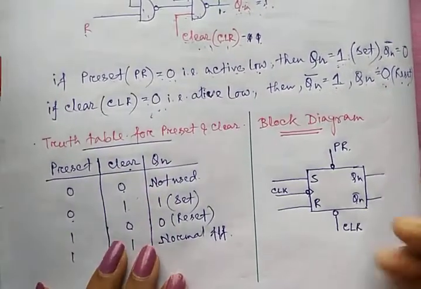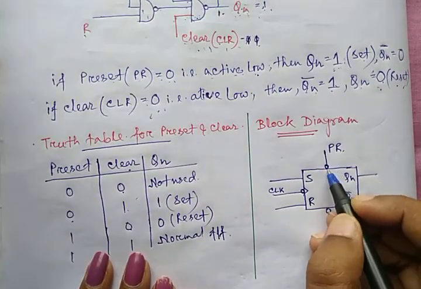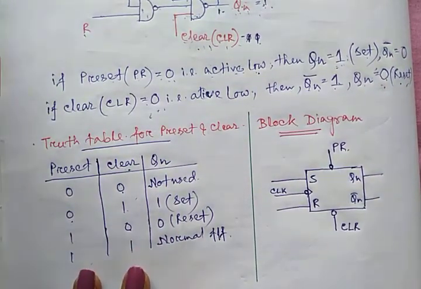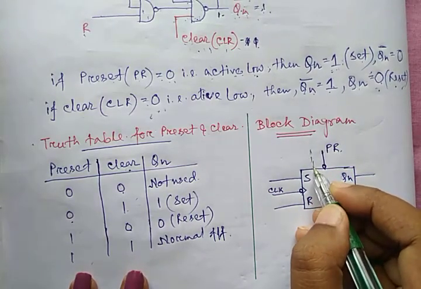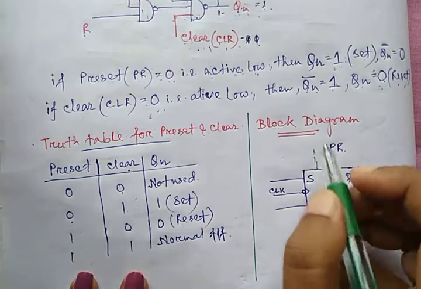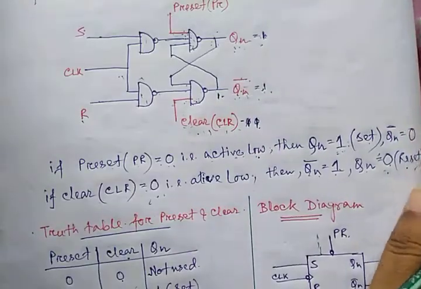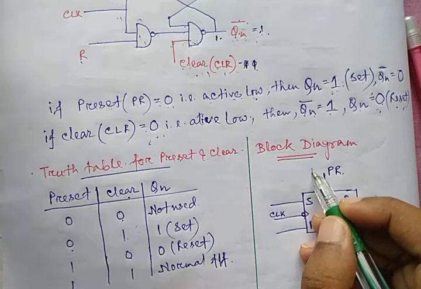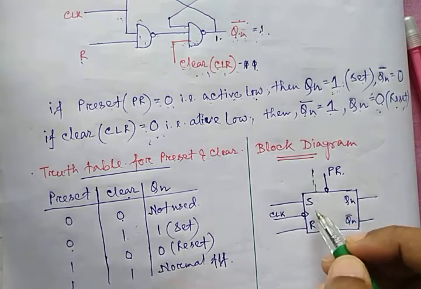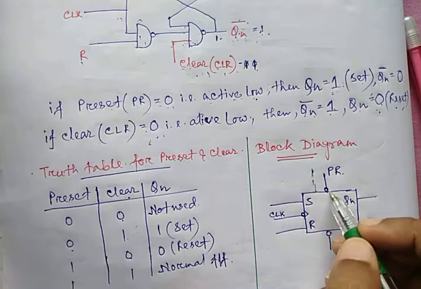So in some block diagrams, the preset value is directly defined as a straight line. No bubbles are there. That means that the flip-flop is made up with NOR gates, not NAND gates. Okay. If it is NAND gates, then preset will be a direct value with a bubble.